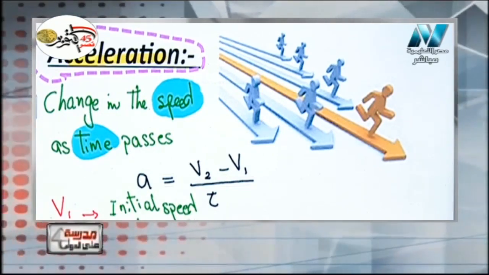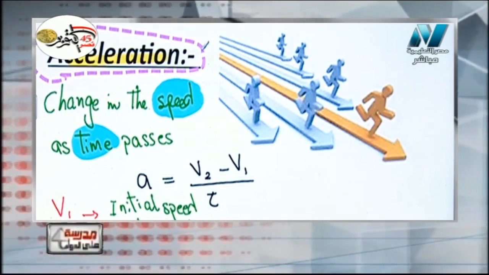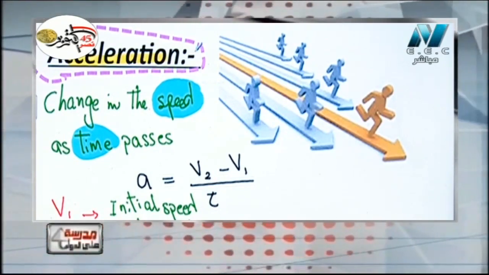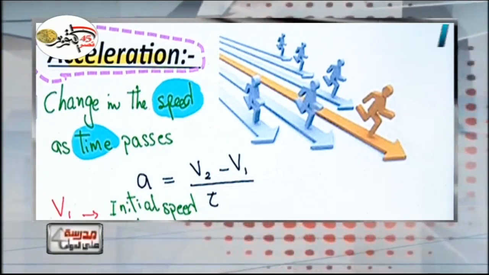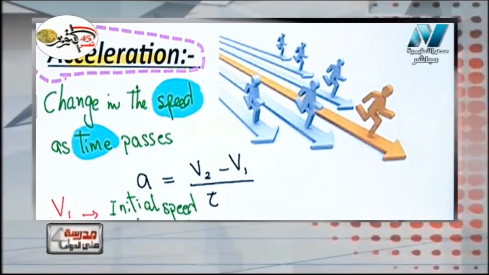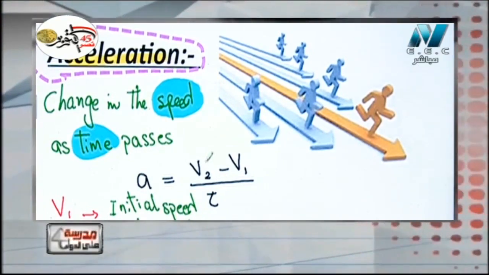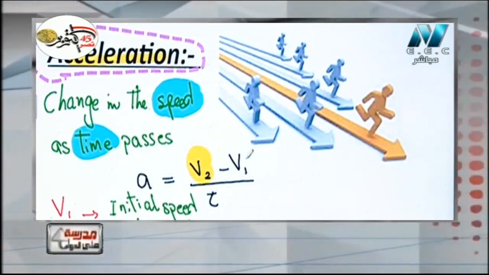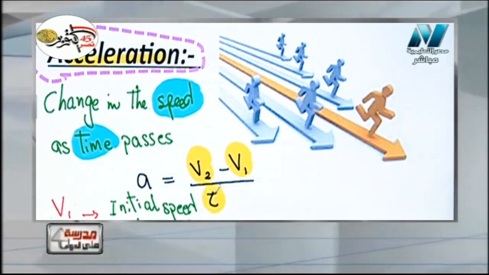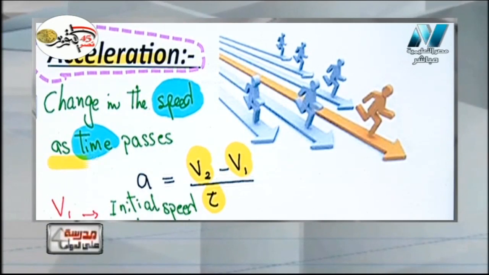So we have at least two speeds: one is the initial speed and one is the final speed. Here we have a subtraction between what and what? Between V2, the final speed, and V1, the initial speed, over time as time passes, as we know from this definition.